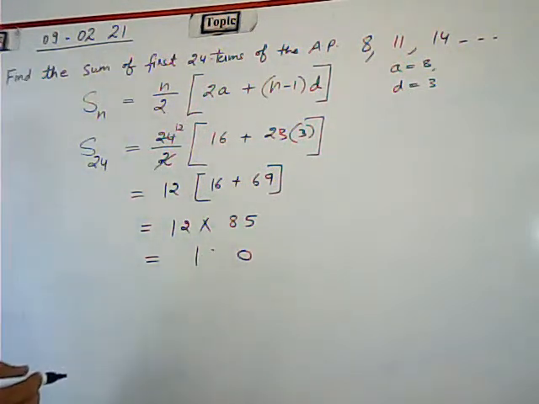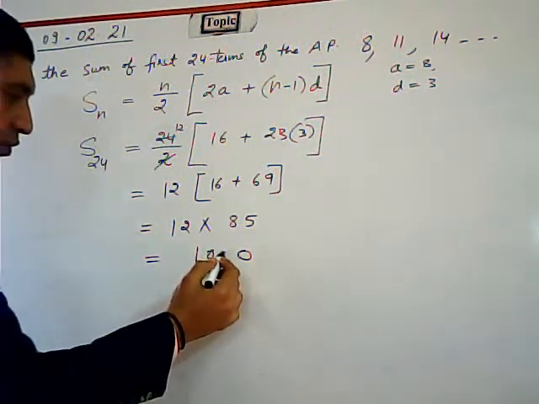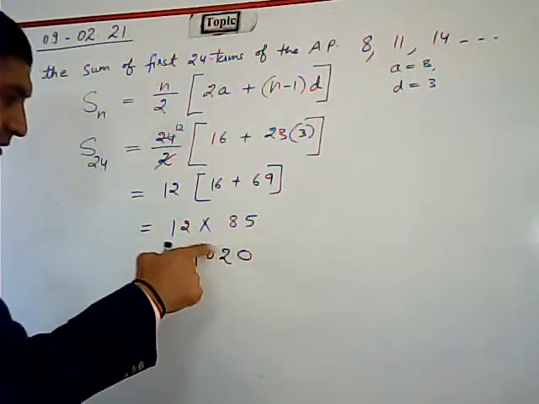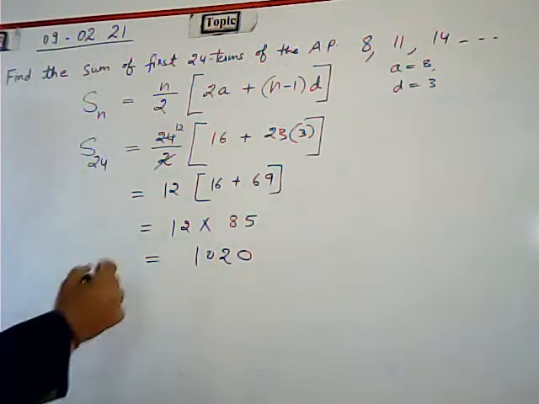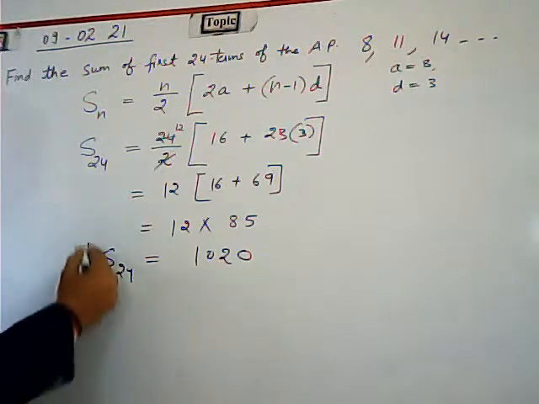The answer is 1020. The sum of 24 terms is 1020.